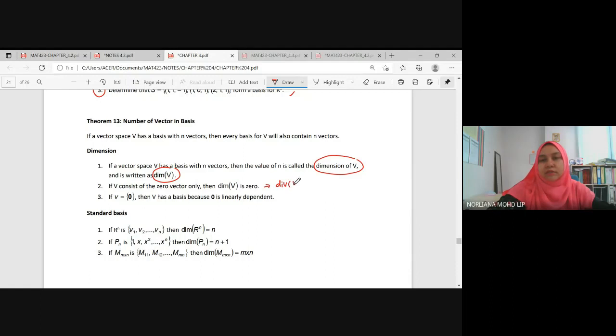Dim V is equal to 0. Okay, number 3, if vector V is equal to a zero vector, then V has a basis. Okay, because a zero vector is linearly dependent.